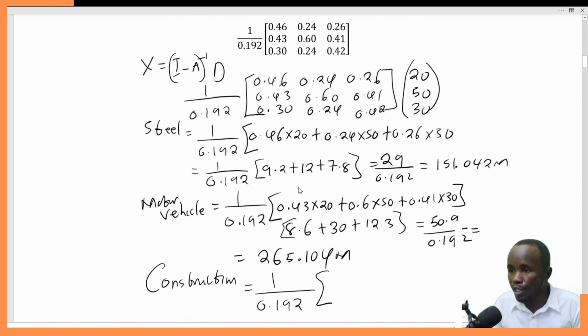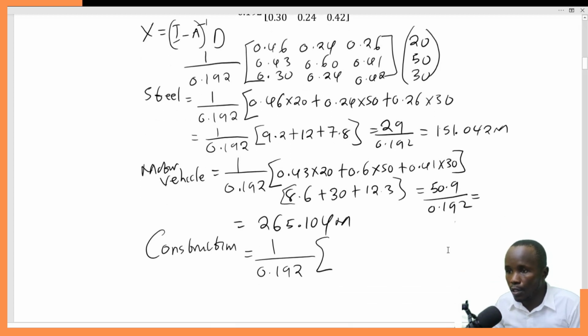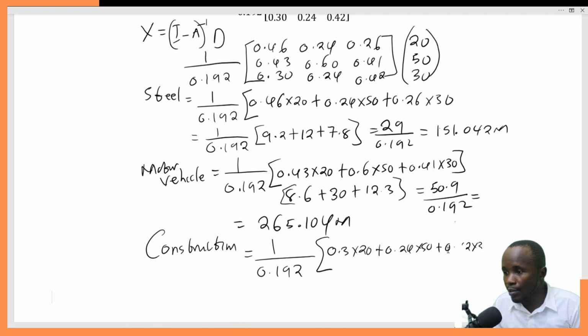This is 0.3 times 20, plus 0.24 times 50, plus 0.42 times that.